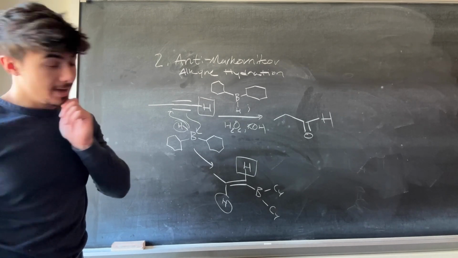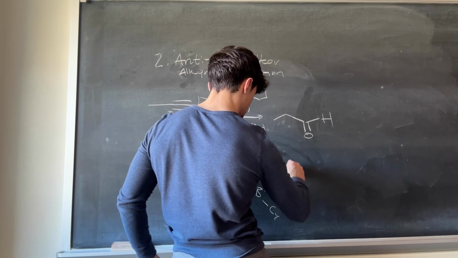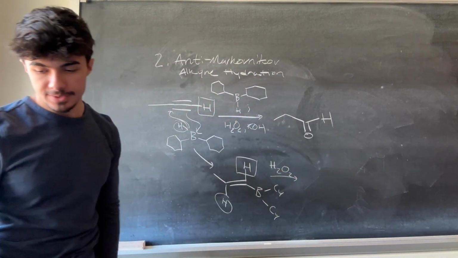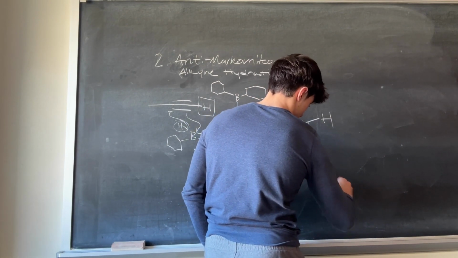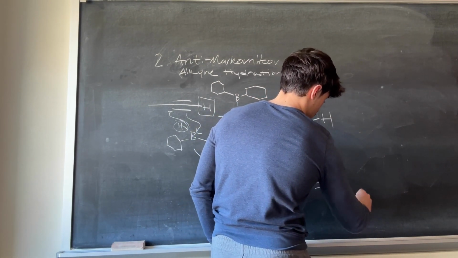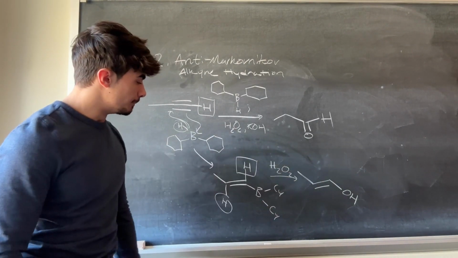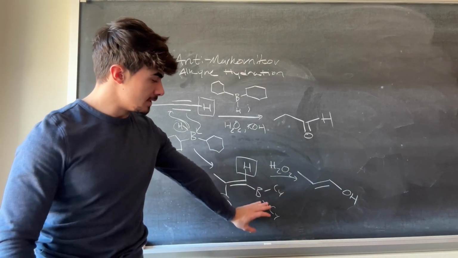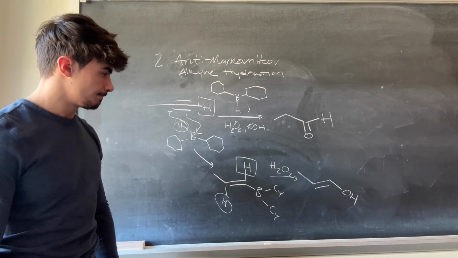Okay. Next, oxidizing with hydrogen peroxide, we get to an enol. So basically what the hydrogen peroxide does, if you're just thinking of beginning and end products, replaces this BCy2 group with just an OH group.